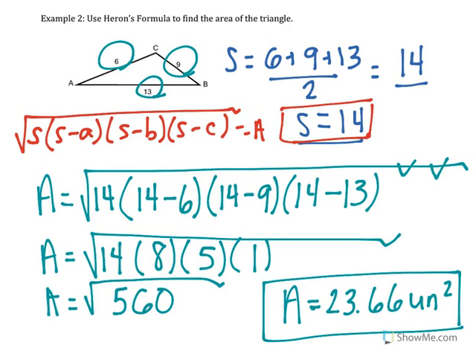We just got that the area using Heron's of the same triangle is 23.66 units squared. This tells me that both of my answers were correct. So there are actually two ways to find the area of this triangle, but if you know Heron's formula and you're given the three sides, might as well just use that. But that just confirms to you that this answer is correct, and so is the answer in the last section.